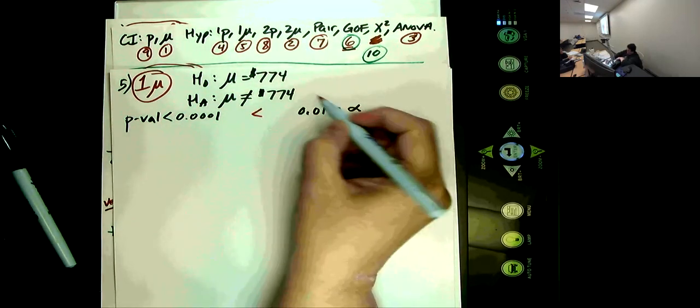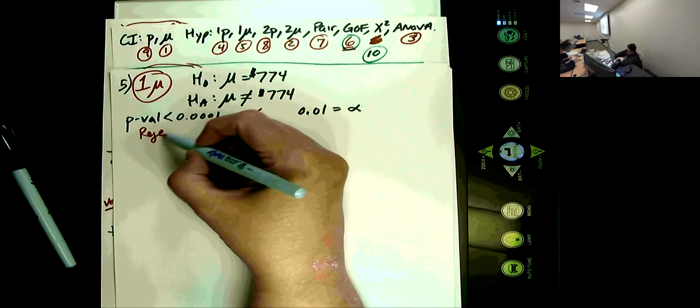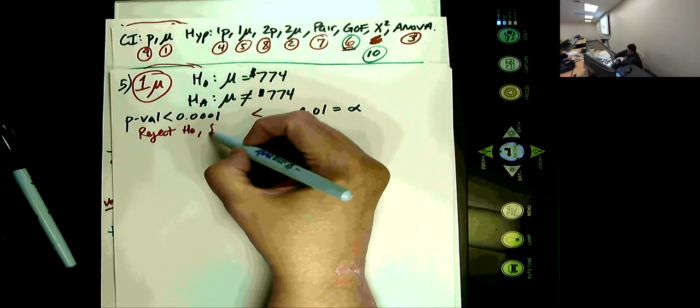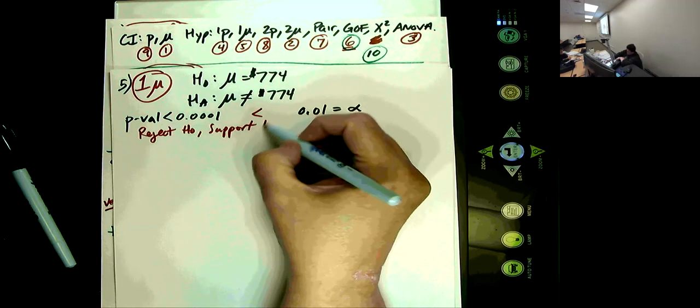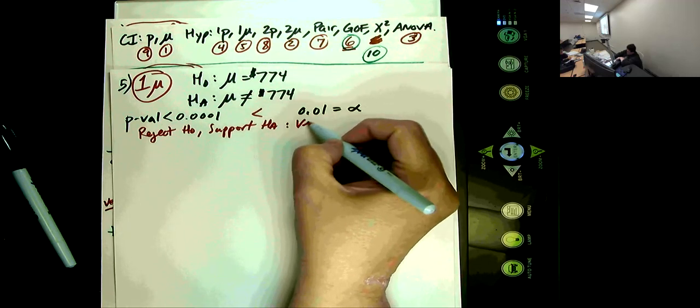P-value is less than alpha, so we reject H naught and support HA. That's our verdict.